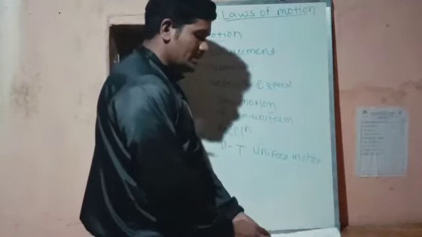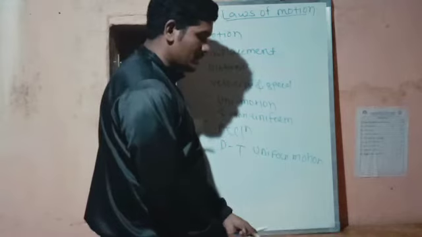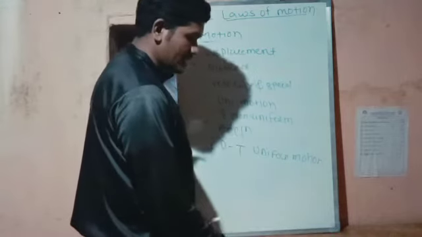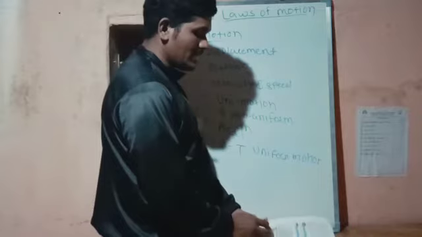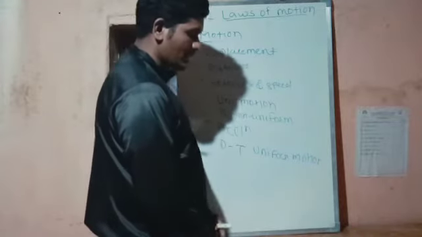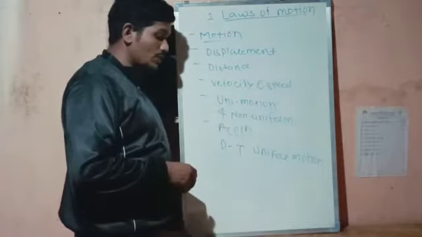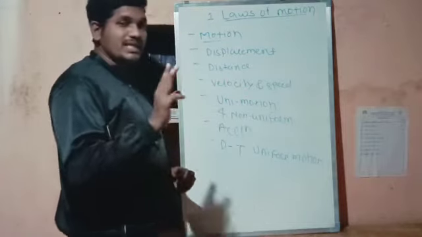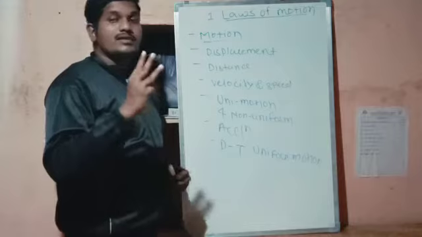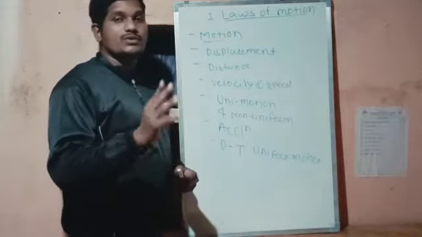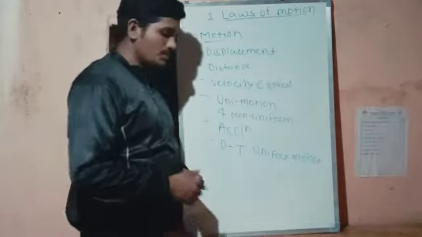Now after that the most important thing we will take is the examples. Examples are the key points of the topic. Then Newton's laws of motion will be there. Three laws are there and three equations which are based on the three laws of Newton.